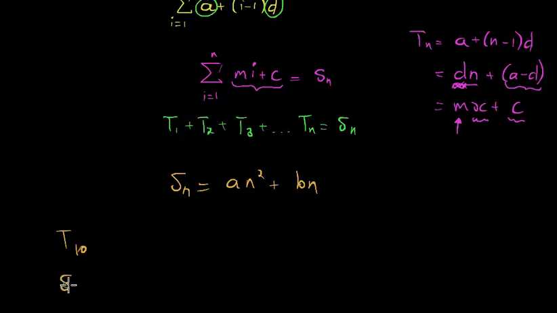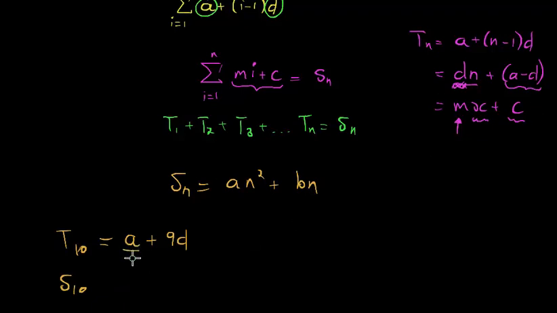Is term 10 equal to S10? No. So for term 10, what do we need? We need A plus, but it's 10, so it's 10 minus 1. So 9 D's. So what do we need to find term 10?